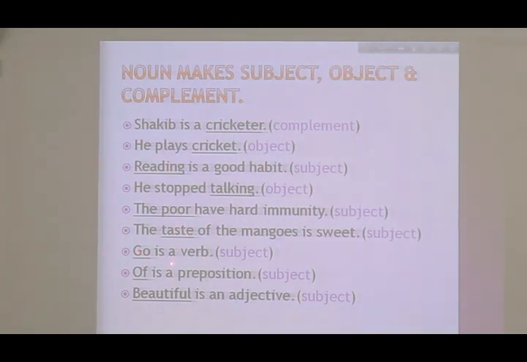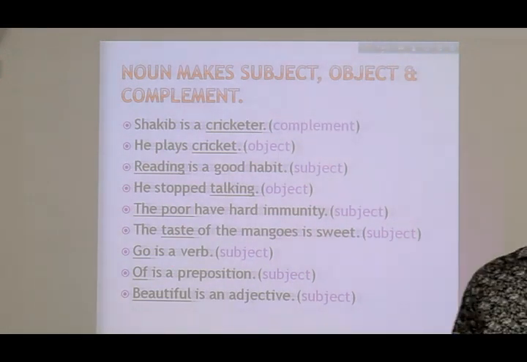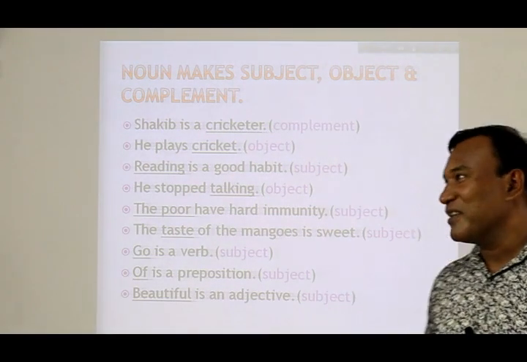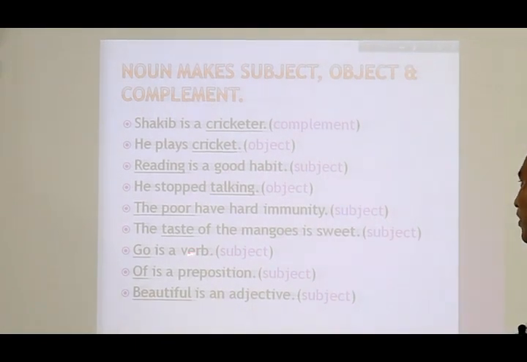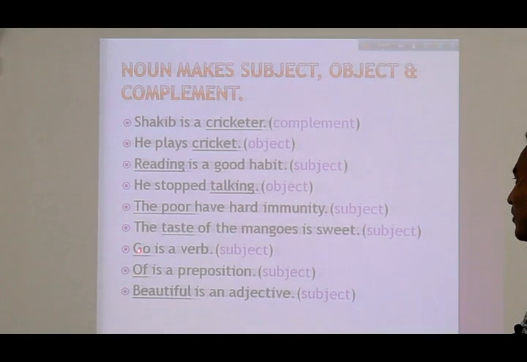You know, go is a verb. Though we know go is a verb, if we want to define go, we can say go is a verb. So go here is a subject. So go is noun in this sentence. We know of is a preposition. Yes, this is the definition of preposition.